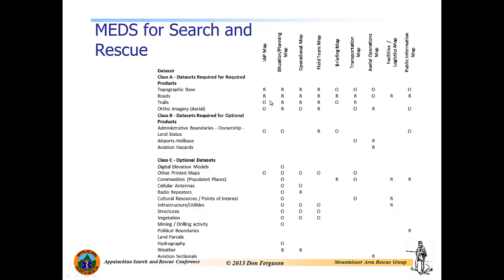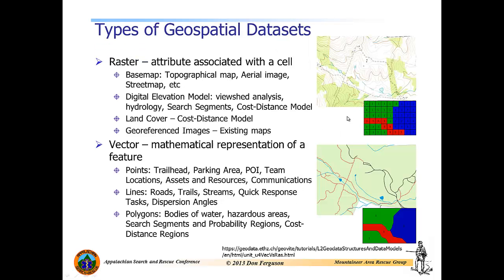O means optional, R means that the data is required, and even that is, I'd say, up for debate, because you can decide what is required for your area, or for the map that you're making. So this is really just some suggestions on the types of data that you may want to incorporate into the different products that you're producing and utilizing during a search operation.